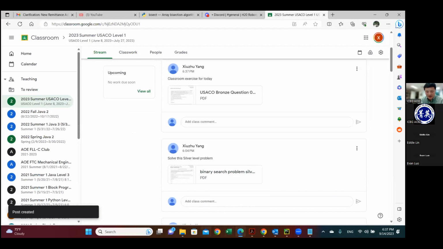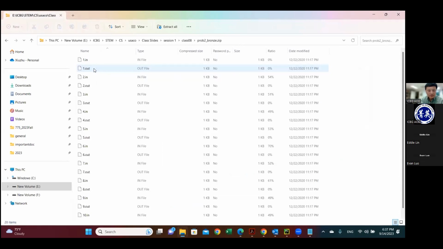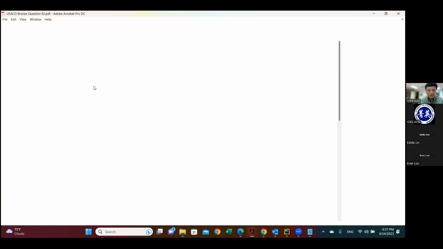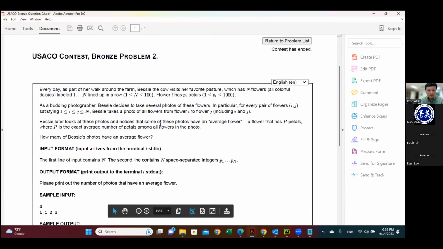All right, so let me open this problem. You see for a bronze problem, the number usually is much smaller. It's only like 100 or 1,000.